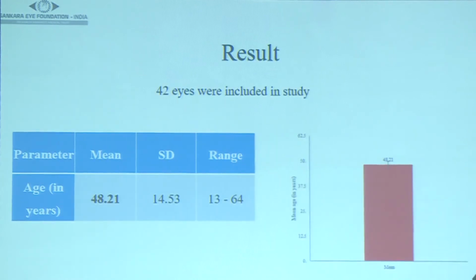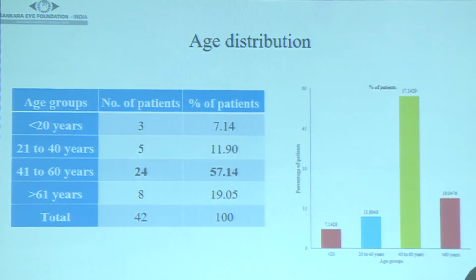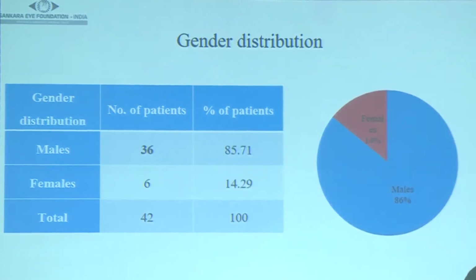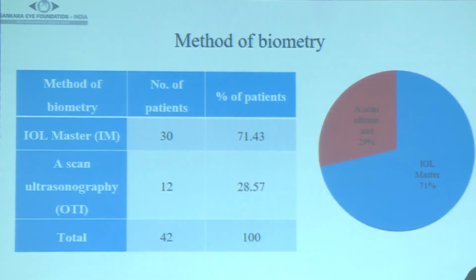So 42 eyes satisfied these criteria, and the mean age was 48.21. Most of the patients were in the age group of 41 to 60, and most, that is 36, were males. The method of biometry was IOL Master in 30 patients, while A-scan ultrasonography was used in 12 patients.